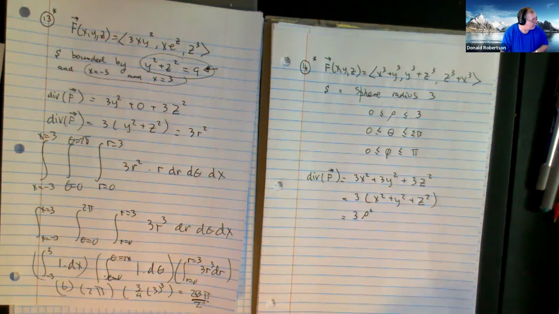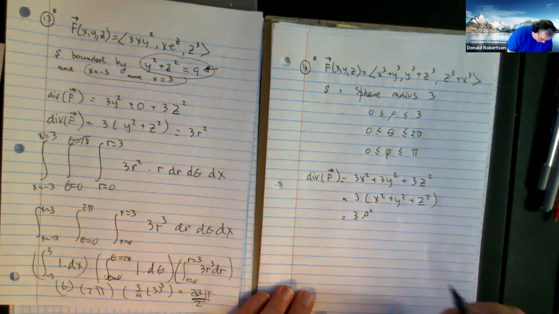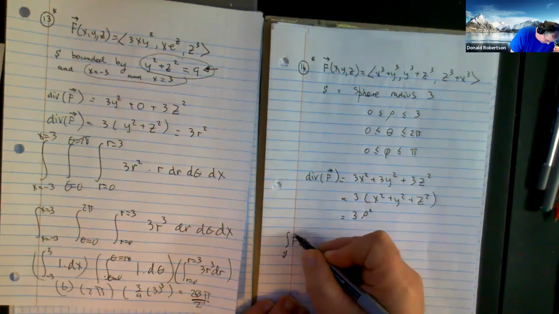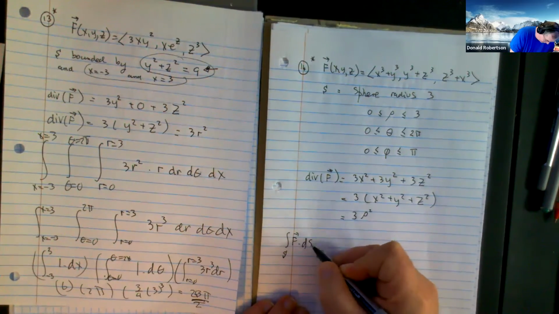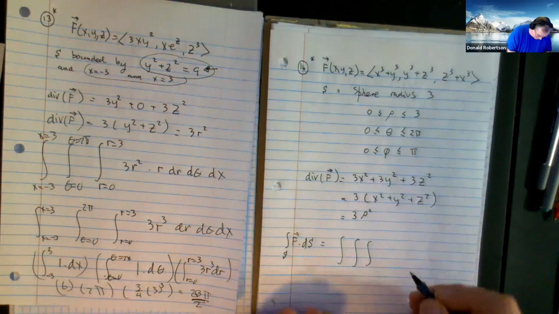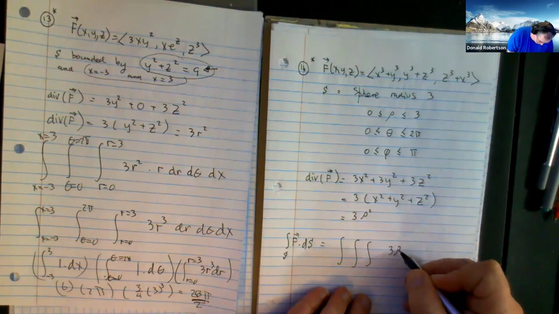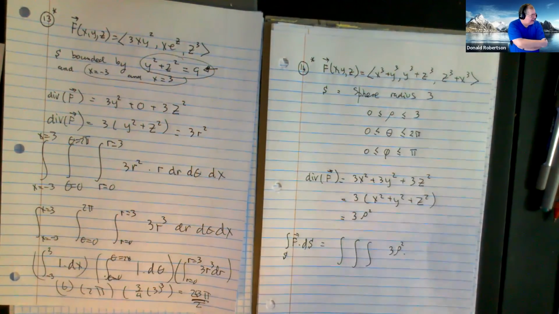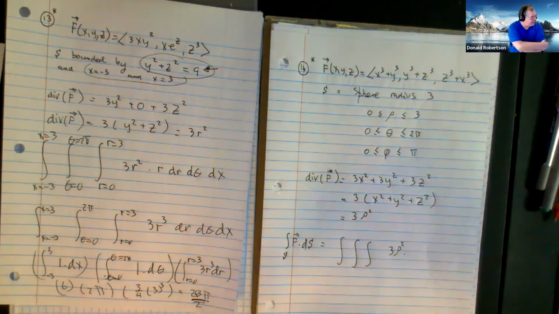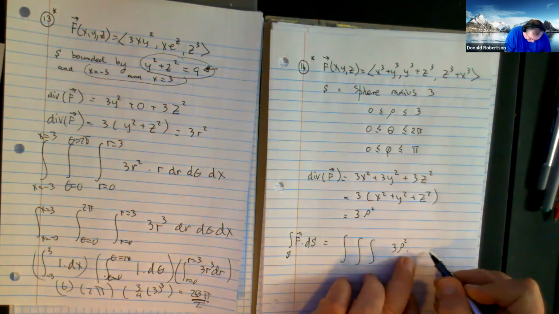So we are ready to put the package together. The flux, right, that surface integral here, is going to be a triple integral of the divergence. Can anybody remember what the rest of this package is? In other words, what goes here?